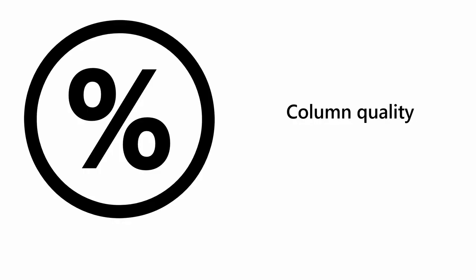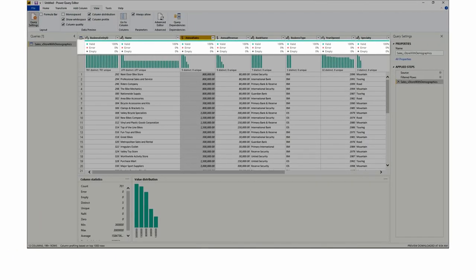Column quality focuses on valid, error, and empty rows on each column, allowing you to validate your row values. The column quality feature labels values in rows in 5 categories: valid, shown in green; error, shown in red; empty, shown in dark gray; unknown, shown in dashed green, which indicates that when there are errors in a column, the quality of the remaining data is unknown; and unexpected error, shown in dashed red.